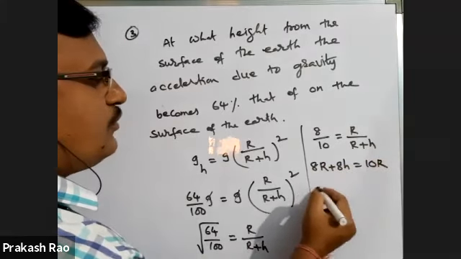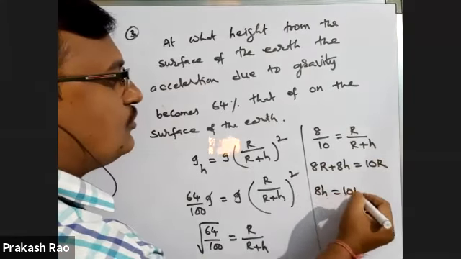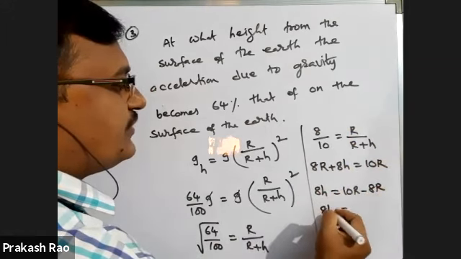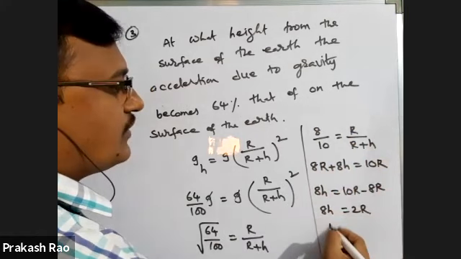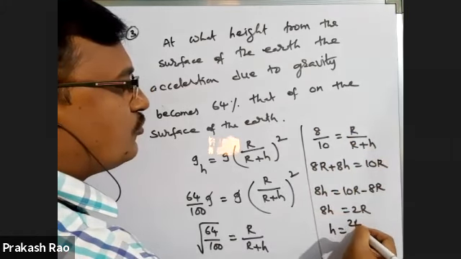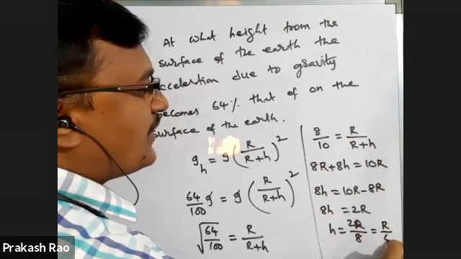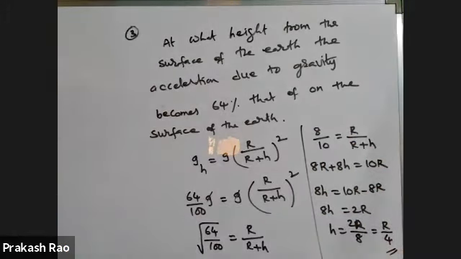So you want the H value. 8H is equal to 10R minus 8R, which is 8H equal to 2R. H is equal to 2R by 8, which is equal to R by 4, my dear students.